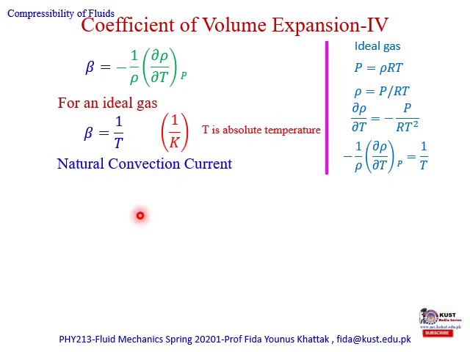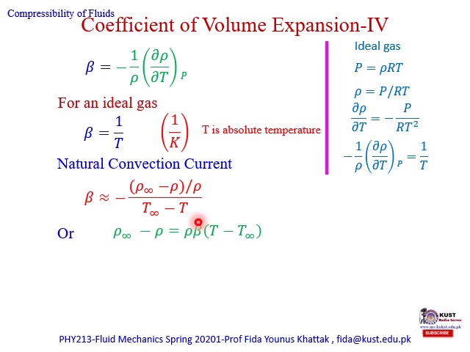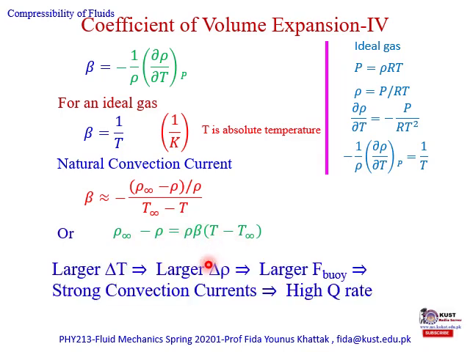In case of natural convection, because you don't want to be influenced by the region outside, the outside region is taken very remote, and we consider this to be at infinity. So the beta term could be defined in terms of rho subscript infinity minus rho over rho divided by T infinity minus T. And we can write this as rho infinity minus rho is equal to rho beta into T minus T infinity.